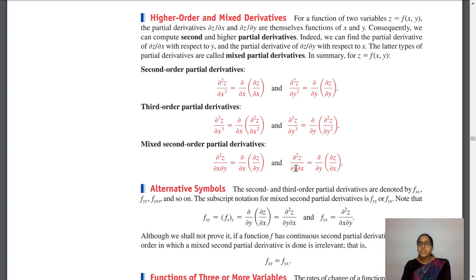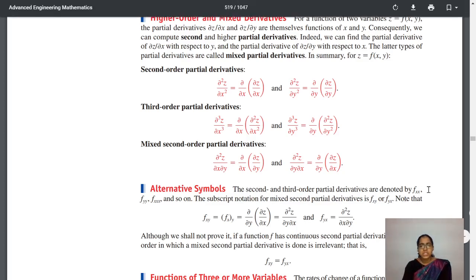So we get dou square z by dou y dou x. Similarly, we can partially differentiate dou z by dou y with respect to x also. That is, dou square z by dou x dou y is equal to dou by dou x of dou z by dou y.